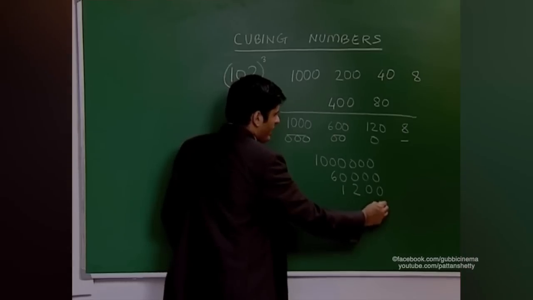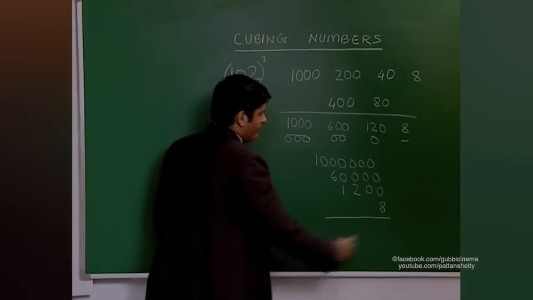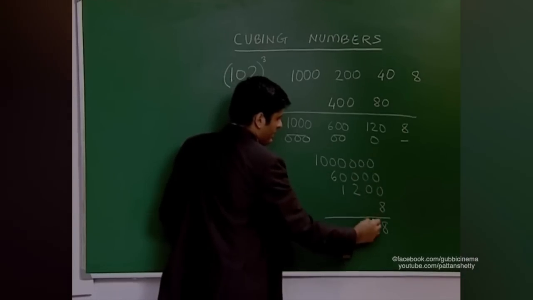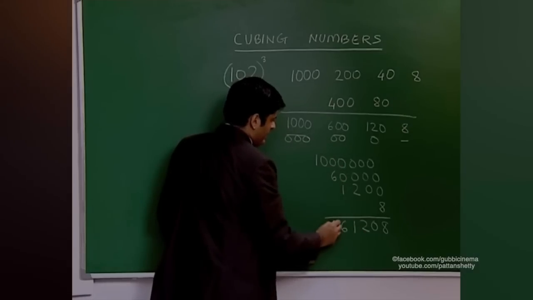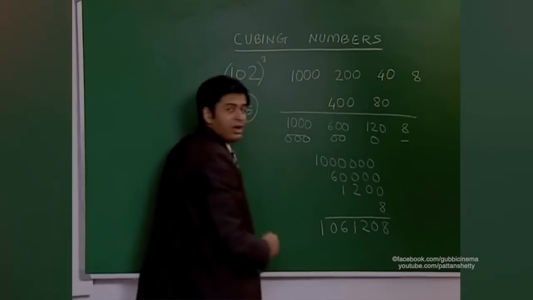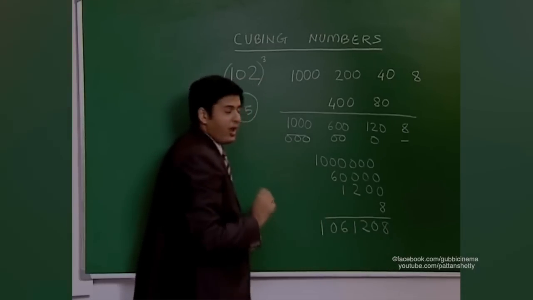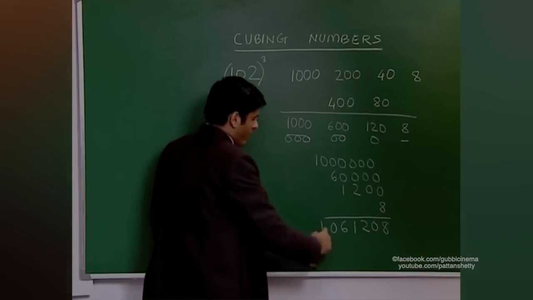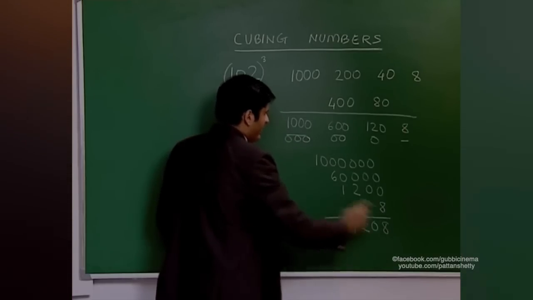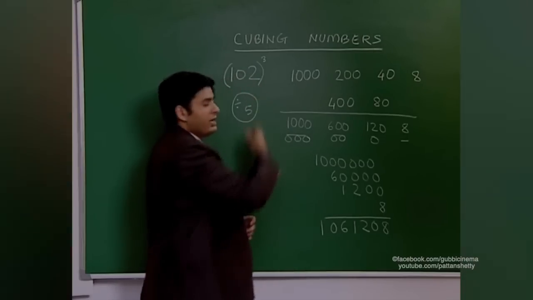Last, you have to add 8. So let us add up. My final answer is 1061208. When I find the cube of 102, my answer is 1061208. Thus you see how quickly we have found the cube of a 3-digit number.